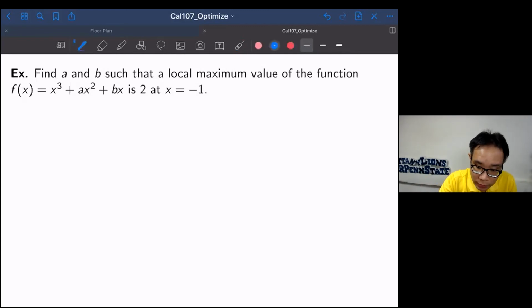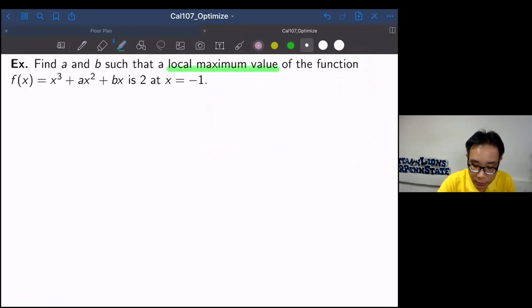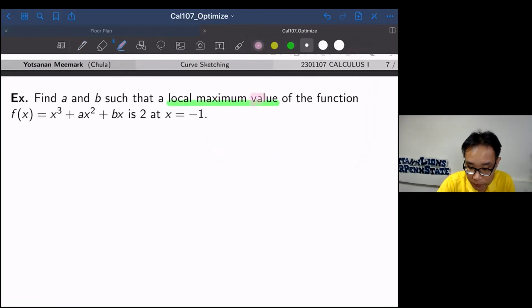So this tells you it's going to be a local maximum, and the thing I will highlight is the value. The value is equal to 2 at x equal to -1, so we have f(-1) equal to 2 for the value.